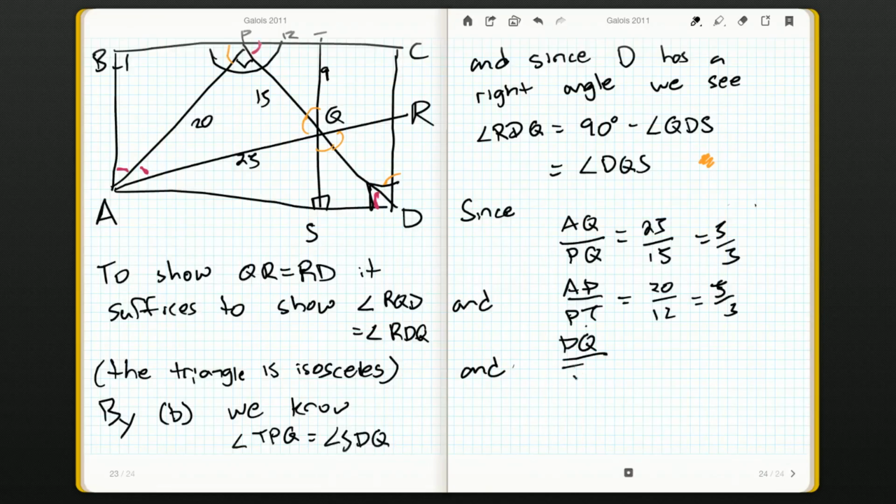And PQ over TQ is 15 over 9, which is also 5/3. We see that APQ is similar to triangle PTQ.